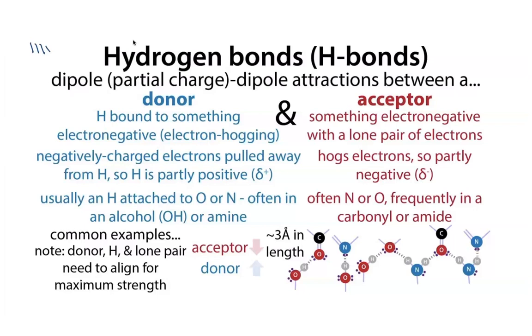And so typically what you're going to see for this is a hydrogen attached to an oxygen or a nitrogen. And so often what you're going to see is an alcohol or an amine group. And so when we're looking at this diagram down here where I have this blue arrow.